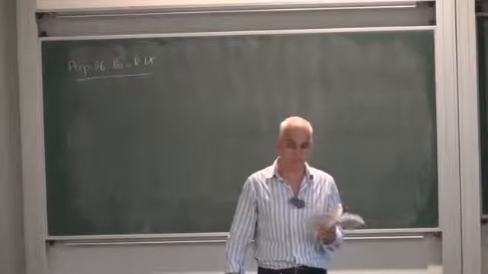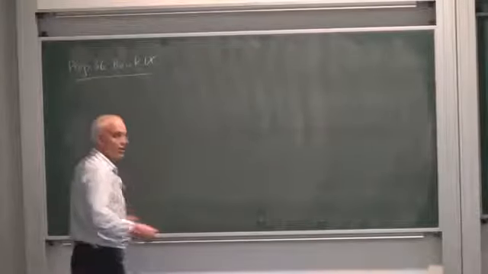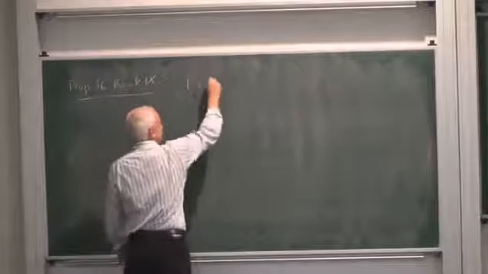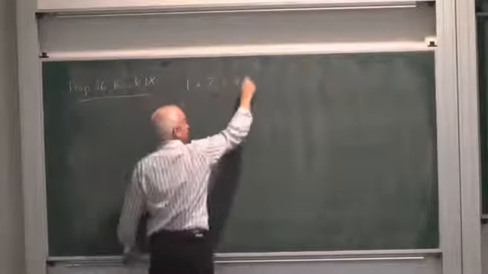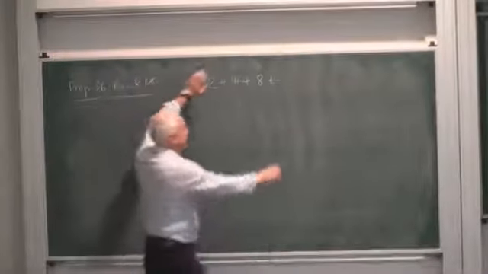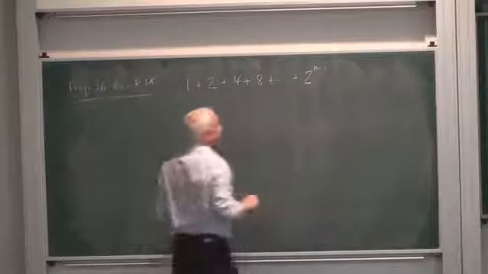What's he saying? He's saying in modern notation, if you start off with 1 and you double it and double it again and double it again, and keep going till maybe I'll write it as 2 to the n minus 1.